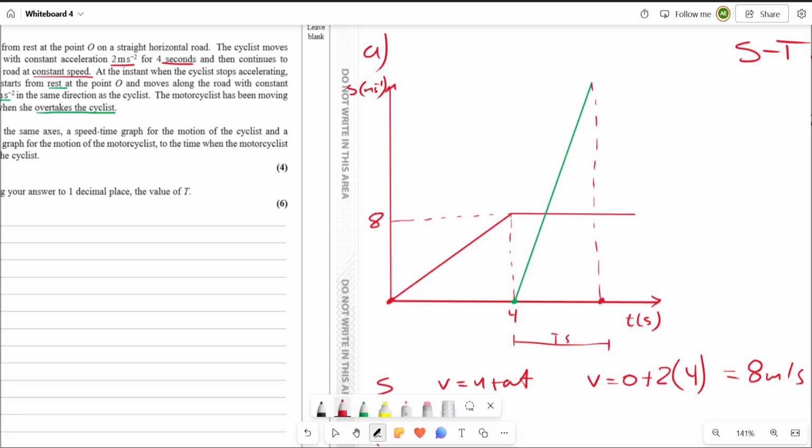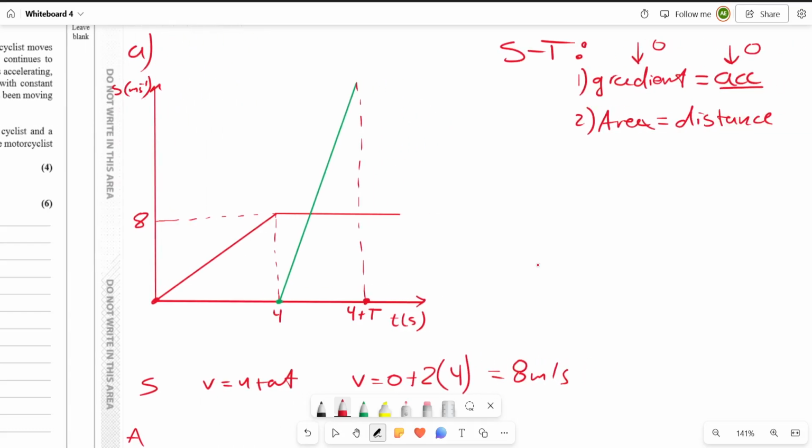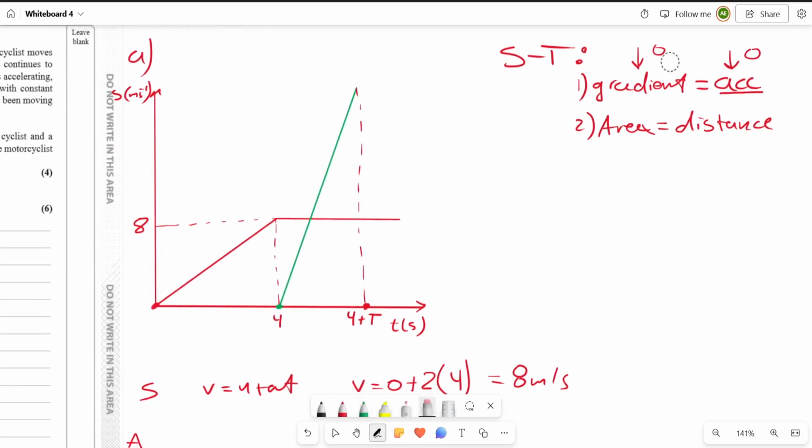So this means that on my axis, this is 4 plus t, right? And at this instant, they overtook each other. How do I know that they overtook? Again, we talked about the distance. We determine whether they overtook each other using the distance. And what's the distance in a speed time graph? It's the area.